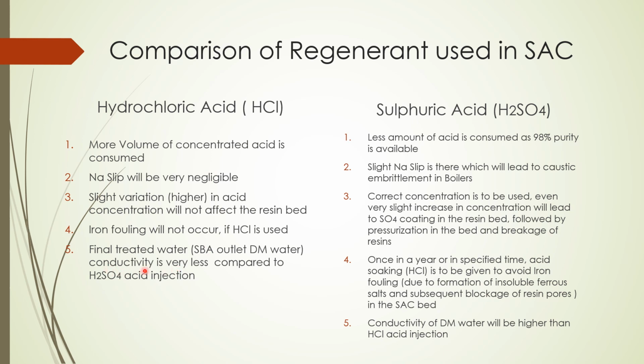And the final reason is the final treated water: the SBA outlet DM water conductivity is very low compared to SAC regenerated with sulfuric acid as injection media. The conductivity of DM water will be higher than with the HCl injection bed; if H2SO4 is used, conductivity will be a little bit higher than with SAC used with HCl.